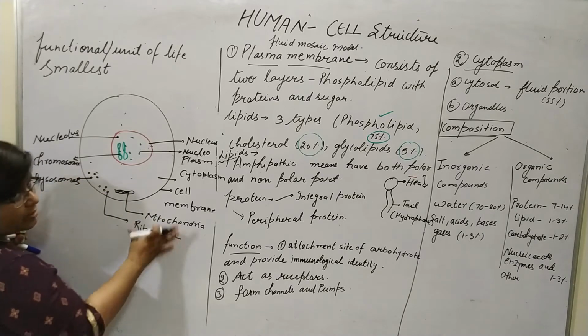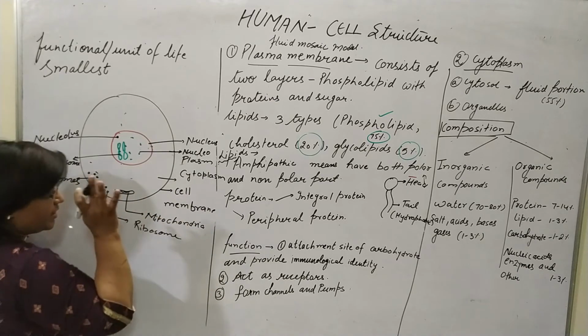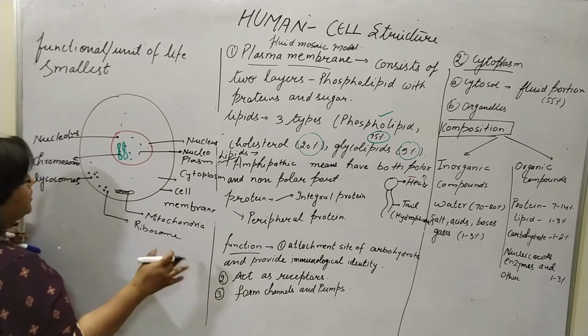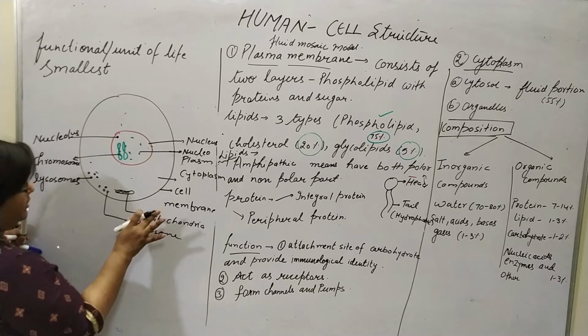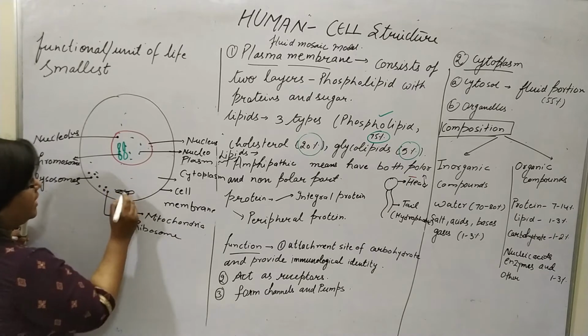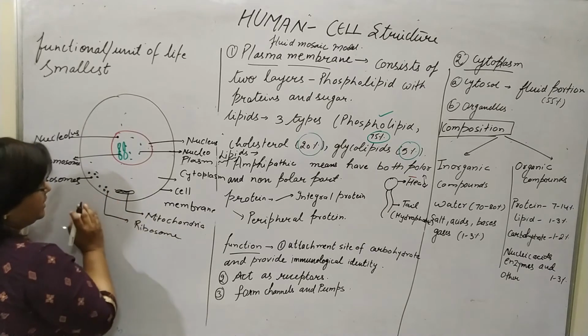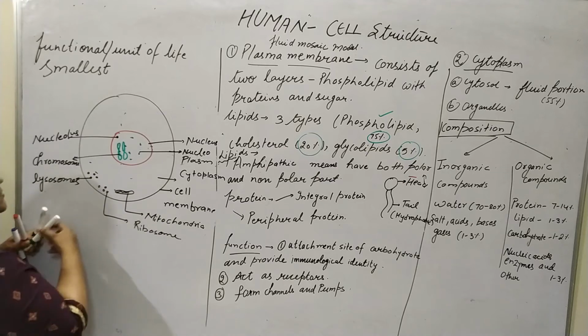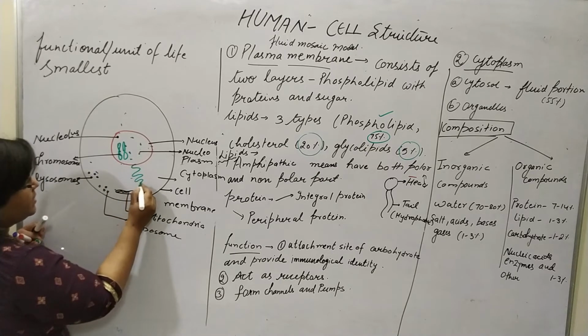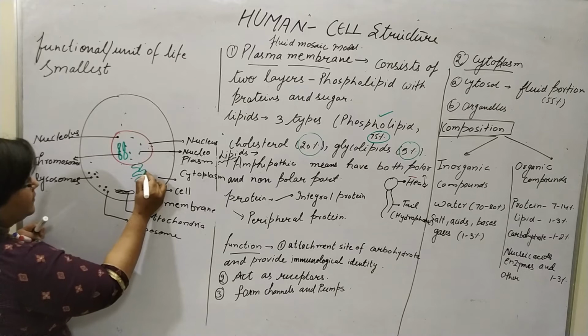Each and every cell organelle we will discuss in detail, so don't worry. Now we are just giving the outline: lysosomes, ribosomes, mitochondria, and the endoplasmic reticulum part.